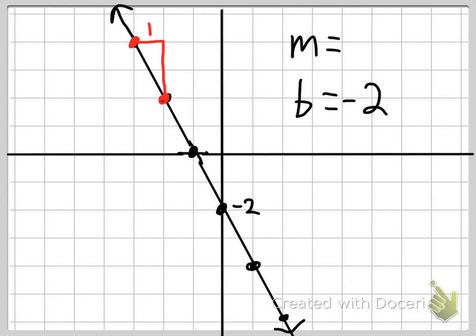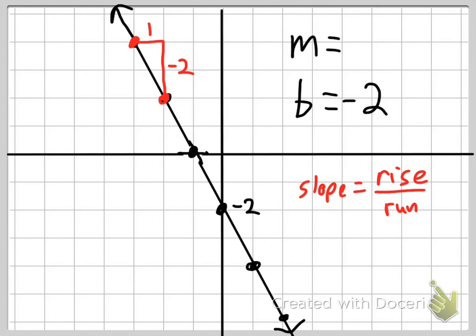So we go right 1 and then down 2. Now our slope is represented by our rise, how far we move up or down, over our run, how far we move left and right.